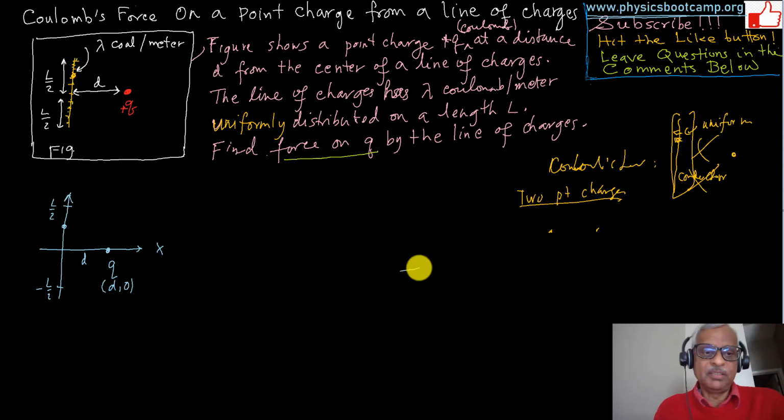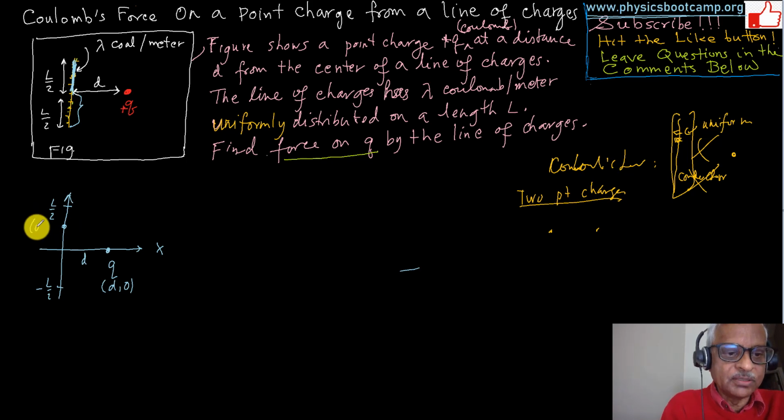You can apply symmetry to say that the force from this much will be equal in magnitude to the force from this much, right? The net force. So you could just do this and double what you get for the answer. Okay. So this guy's coordinate is (0, y), and it exists between say y and y plus dy.